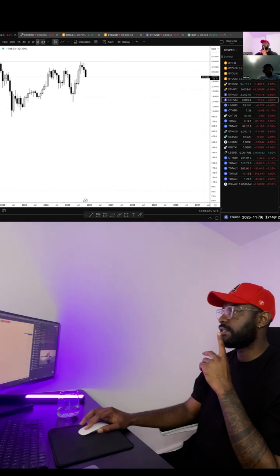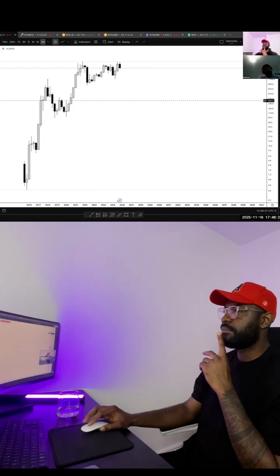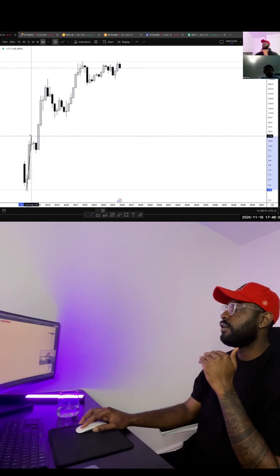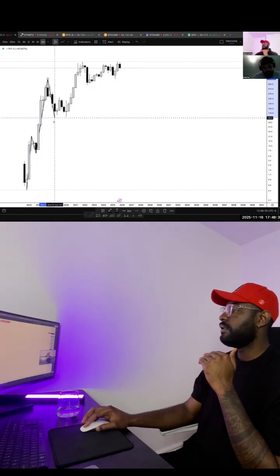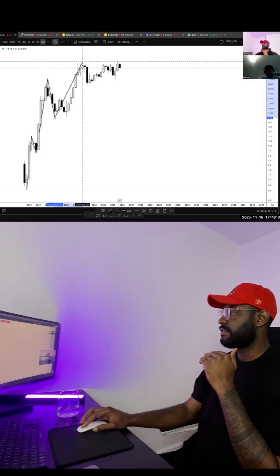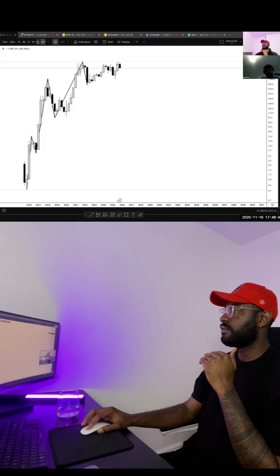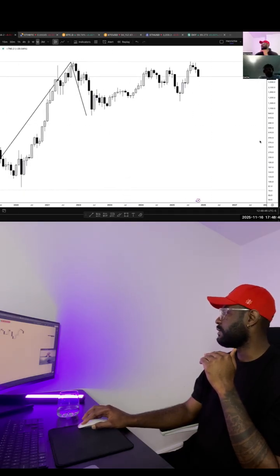Now, this is an example, and you can see, always remember the first thing you want to do is understand where the long term is going before anything else. Long term in this case is bullish, right? Once you figure that out, the next thing is to understand the short-term perspective.